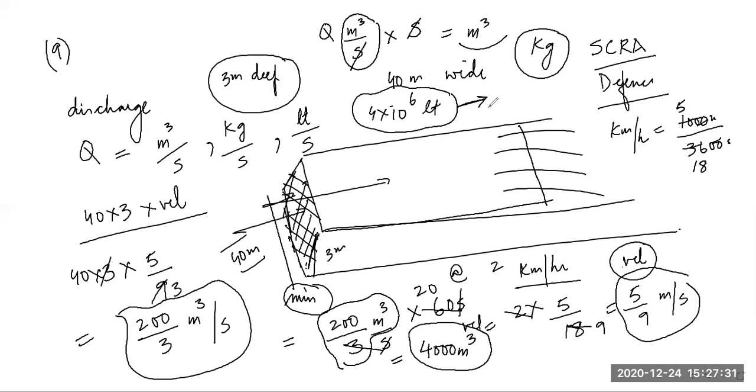If we assume 1 liter to be approximately equal to 1 kg, which it is, with a little bit of difference, we can say 4 followed by 6 zeros, so 40 lakh kg of water would come in 1 minute into the sea.